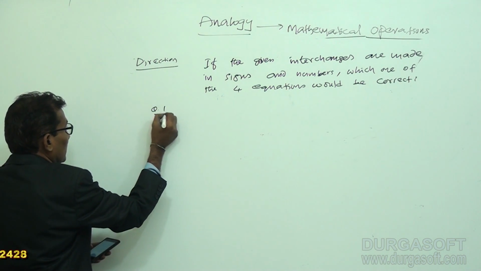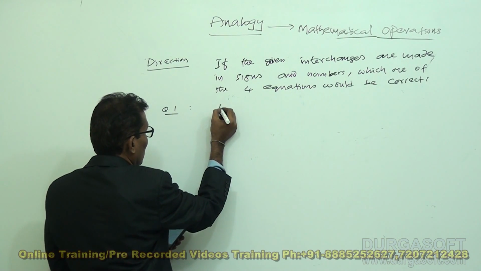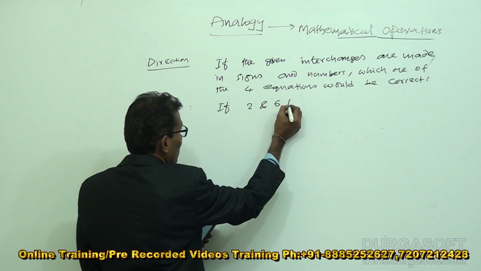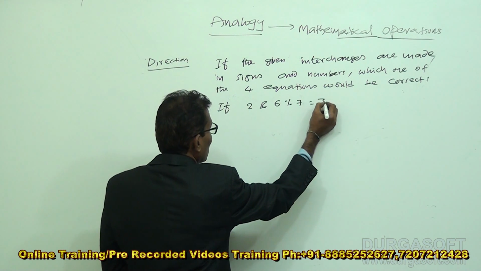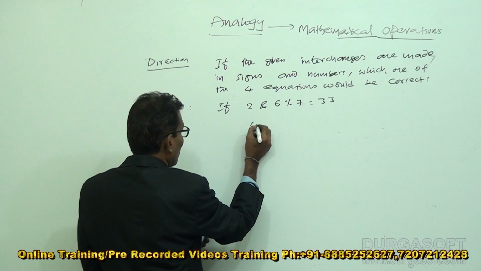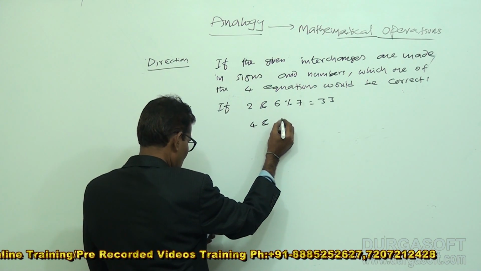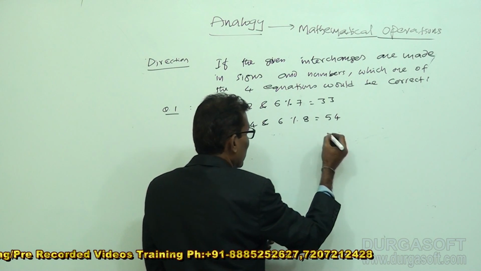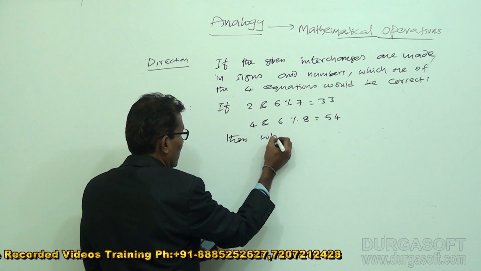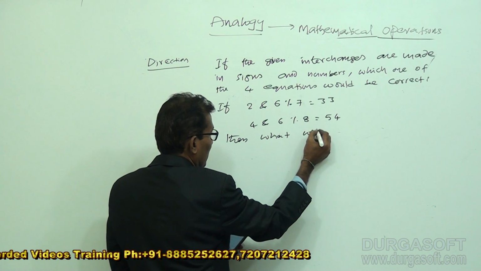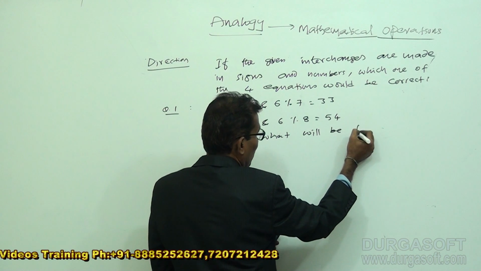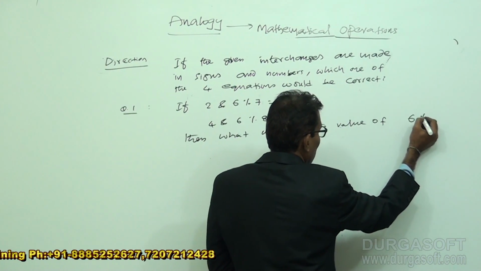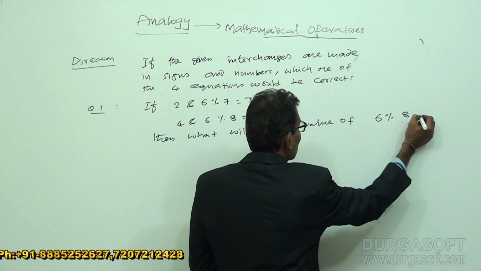Question number 1. If 2 and 6 percentage 7 equals 33, 4 and 6 percentage 8 is equal to 54, then what will be the value of 6 percentage 8 and 9?